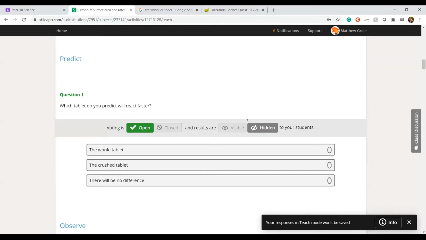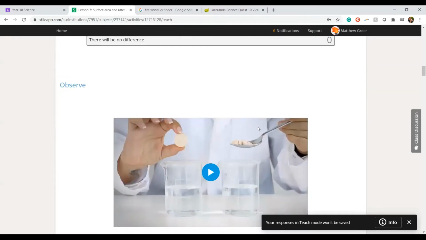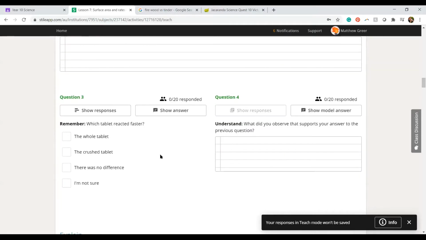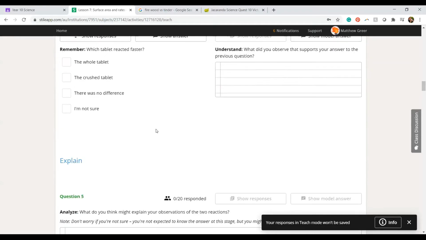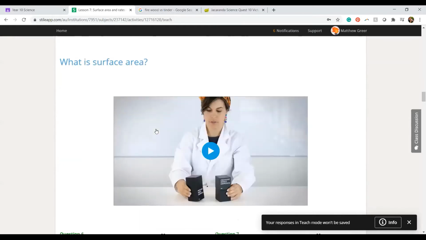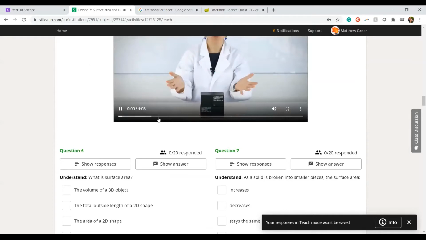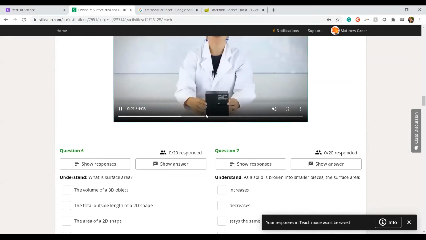Actually, I could get you guys to do that now. And then it goes into talking about the rest of it. What is surface area? I think this is the same sort of thing that I just showed you.